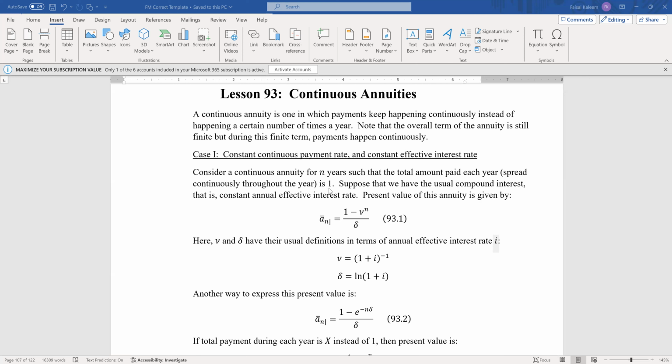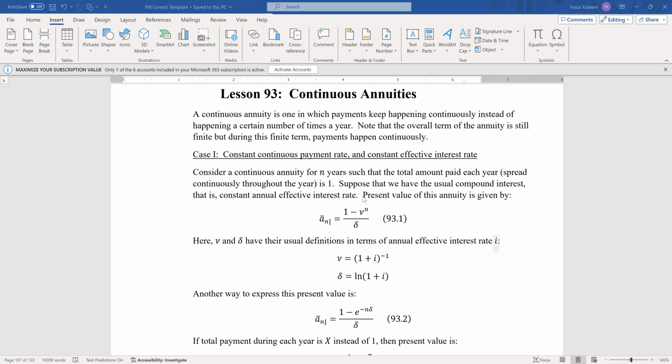The total payment in the year is 1, and suppose we have the usual compound interest, that is, constant annual effective interest rate.